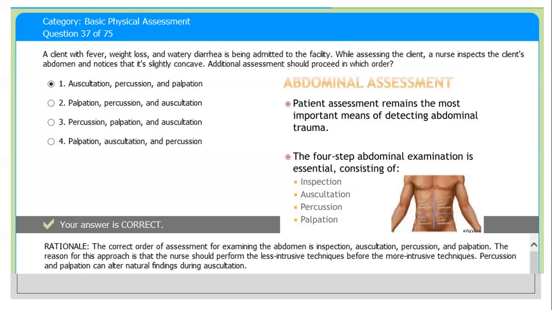So in assessment, we also have to know in what order to auscultate bowel sounds, right? We have to know. So four steps in the abdomen exam: inspect, auscultate, percuss, and palpate.